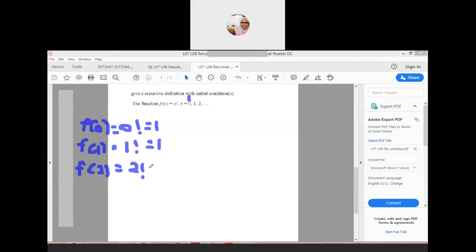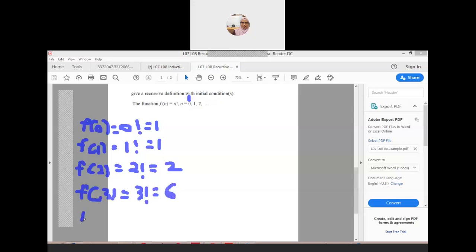Okay, so we can find the factorial in your calculator, or if you want to know the factorial, when it is 2 factorial, it is equal to 2 times 1, which is 2. When it is f3, 3 factorial, it is equal to 1 times 2 times 3, it becomes 6.